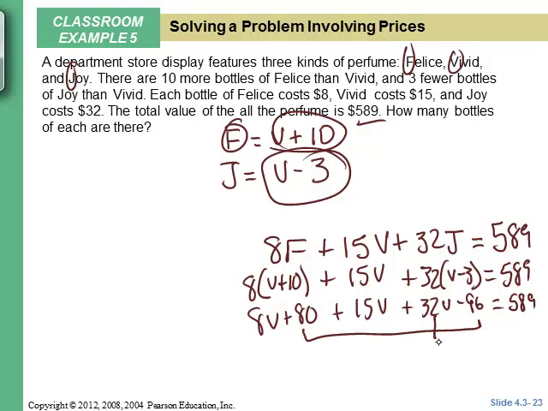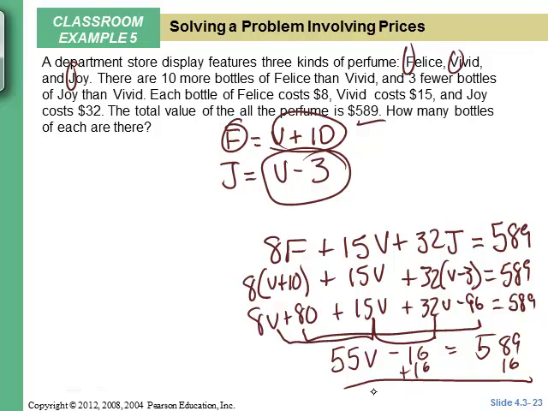Combine these 2 and these 3. 8 and 15 and 32 is 55 Vivid minus 16 equals 589. So let's add 16 to both sides. And we get 55 Vivid is 605.